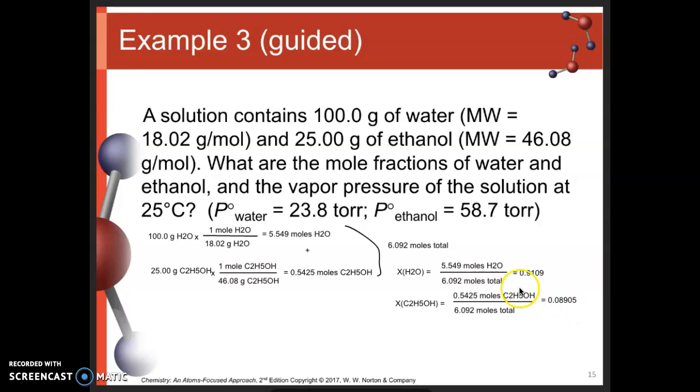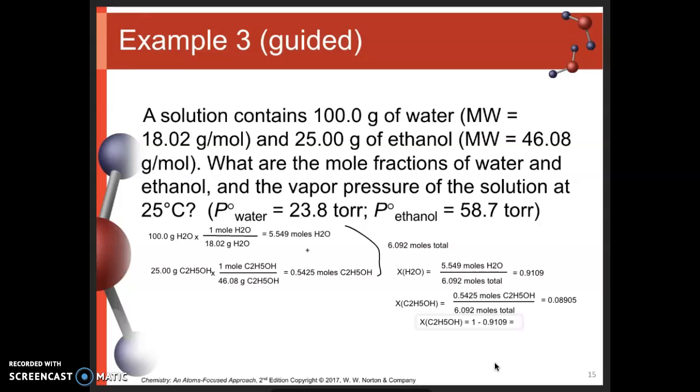Now, since this is a two-component solution, we could have also come up with the mole fraction of ethanol as 1 minus the mole fraction of water.